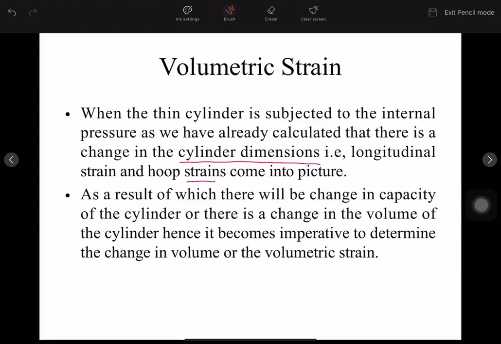As D becomes D plus delta D and L becomes L plus delta L, we get a change in volume, and because of that we get a volumetric strain.